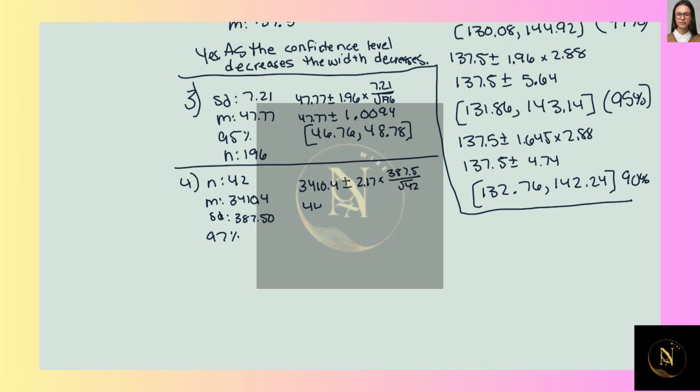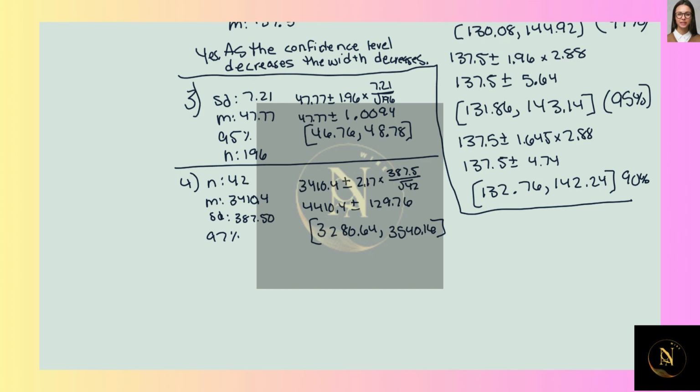Then you're going to take 3,410.4 plus or minus 129.76. And then your confidence interval is 3,280.64, comma, 3,540.16. So that was number 4.